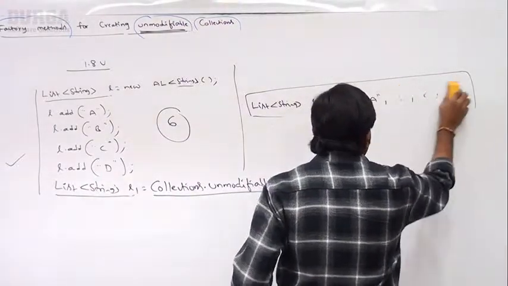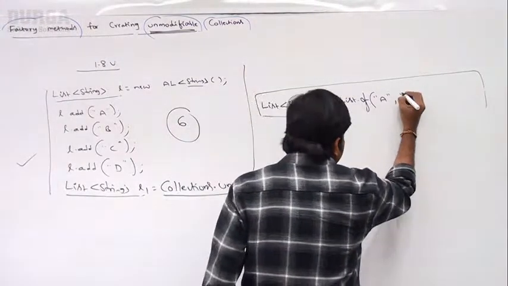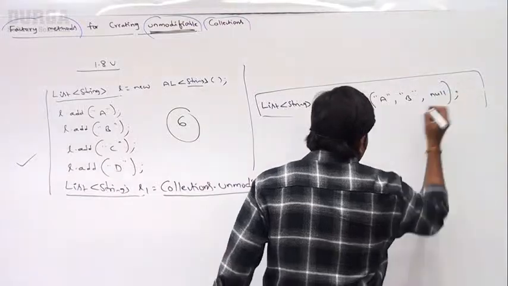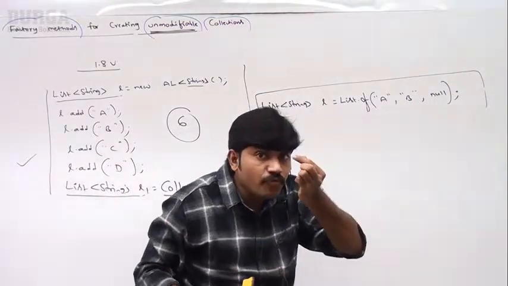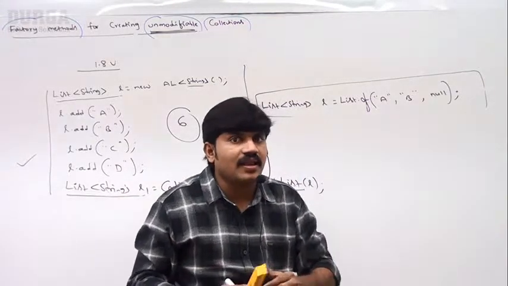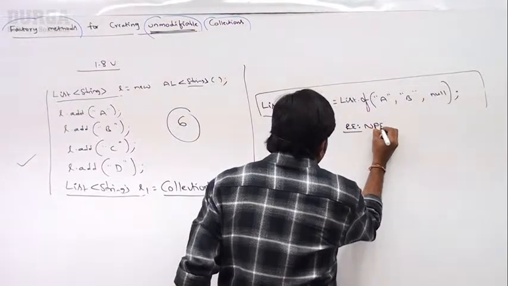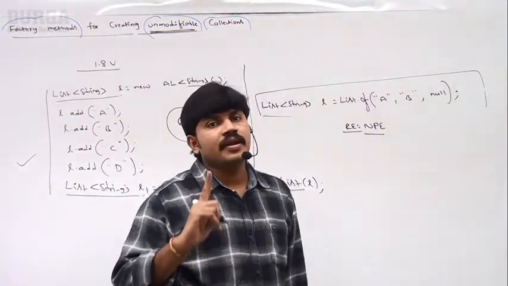Suppose A is there, B is there, comma, null is there. If the list contains null, if one of our elements is null, immediately we are going to get a NullPointerException. Are you getting what the exception is? By default we are going to get a NullPointerException.